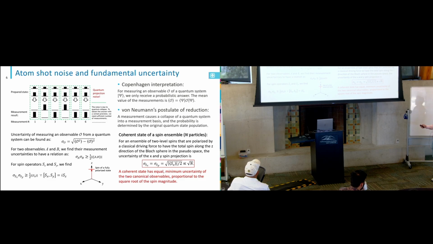For the spin ensemble, we know the coherent state, which is kind of the classical result. It gives you equal uncertainty along the two orthogonal directions in the spin space. If you look at the uncertainty as a function of the number of particles, it scales with the square root of N, where N is the number of particles.